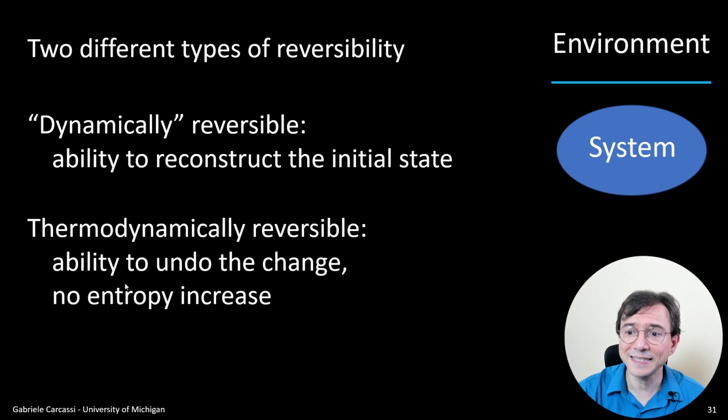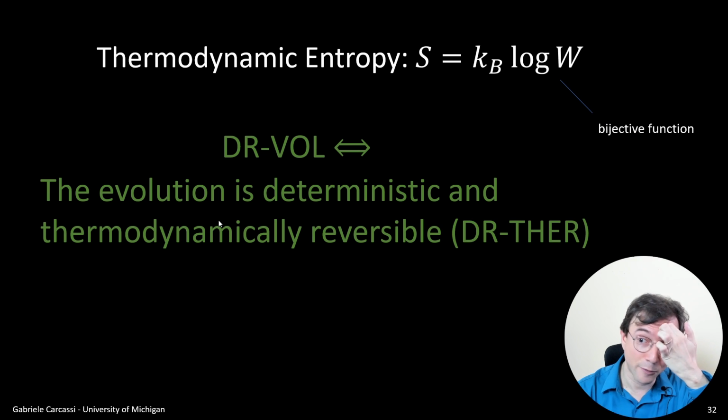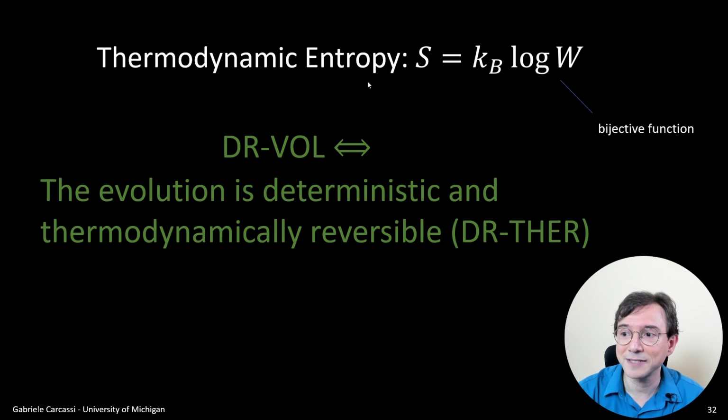And so let's ask ourselves, how does the thermodynamic entropy behave under Hamiltonian evolution? Well, the thermodynamic entropy in classical statistical mechanics is defined as k_B times the logarithm of the volumes of areas in phase space. Well, we saw before that volume is conserved and the logarithm is a bijective function.